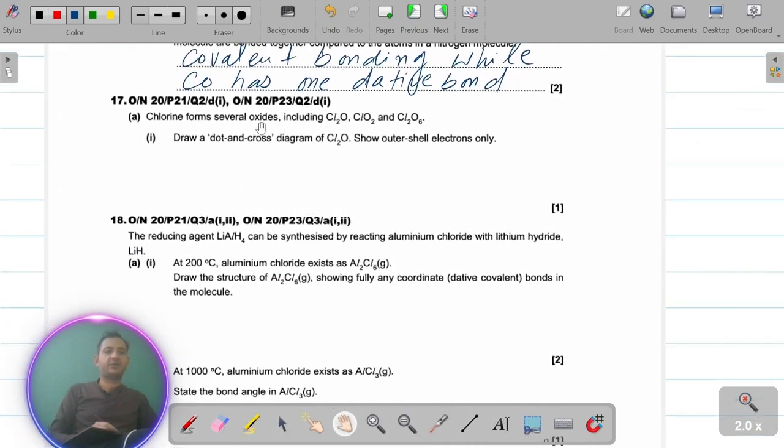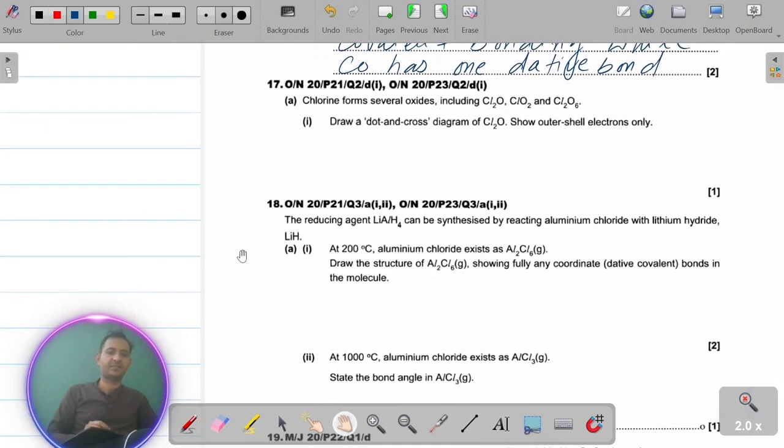Chlorine forms several oxides, including Cl2O, ClO2, and Cl2O6. Draw a dot and cross diagram of Cl2O showing outer electrons. Oxygen is from group 6. One, two, three, four, five, and six electrons are there in the outermost shell. Chlorine is from group 7 and makes only one bond.